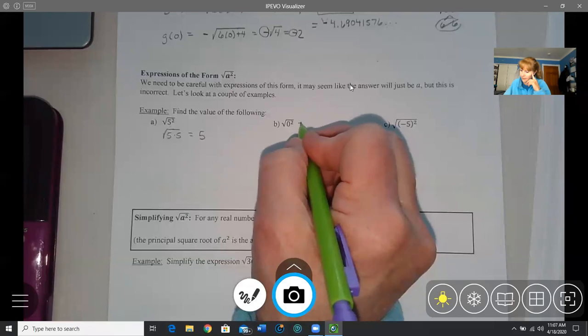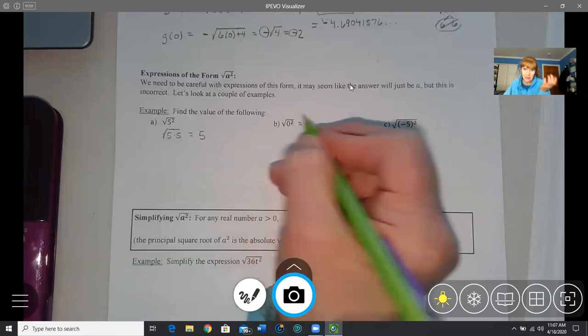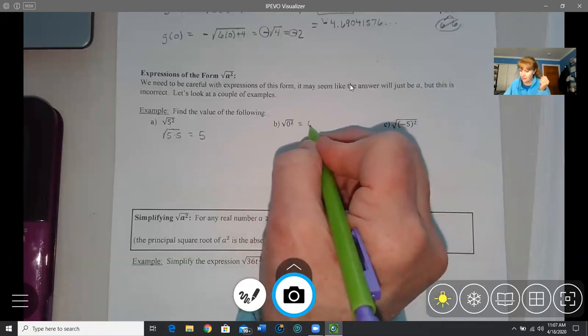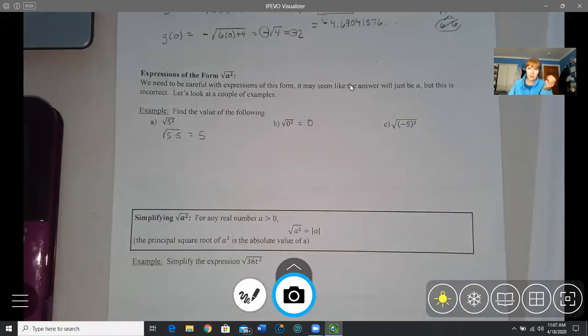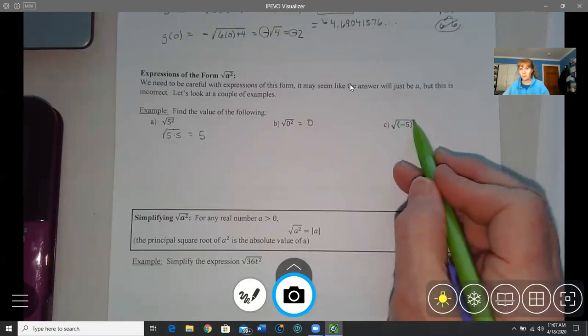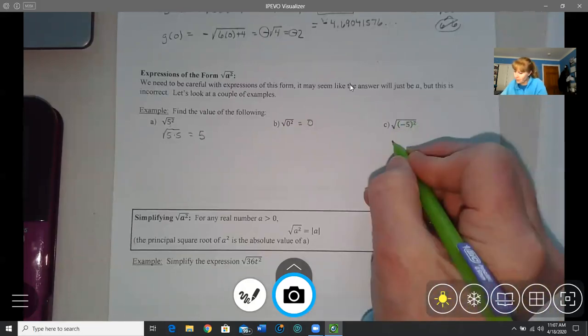Here, 0 squared is 0, so we get 0. The square root of 0 is 0. You can take the square root of 0, it's just 0. Now this next one, a negative 5 squared. The answer is not a negative 5, because we want the principal square root.